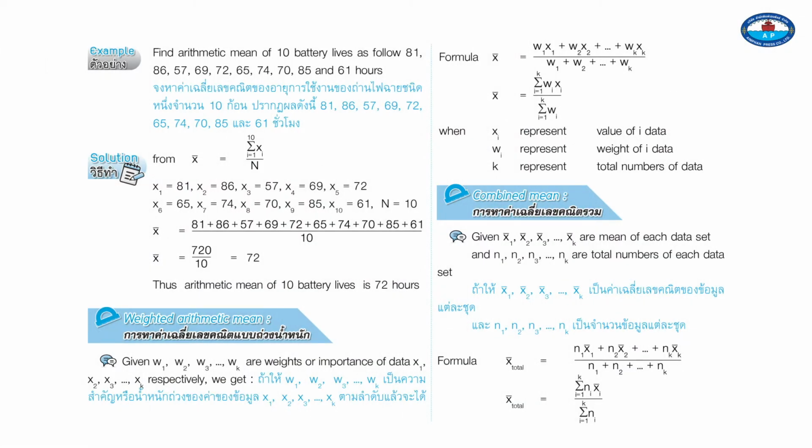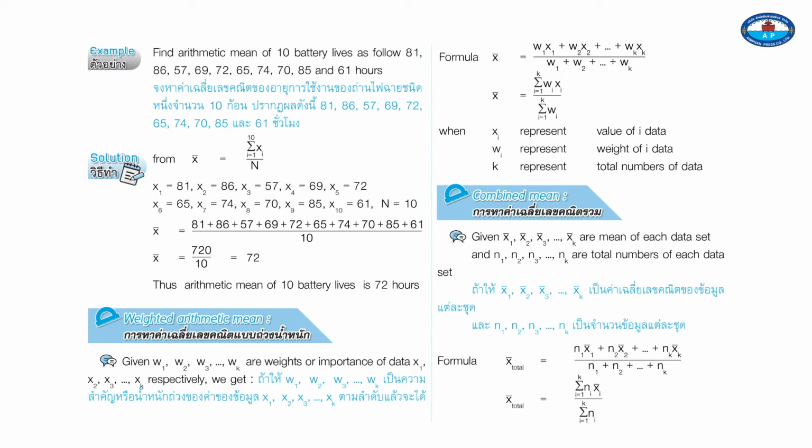Weighted arithmetic mean. Given W1, W2, W3 through Wk are weights of importance of data x1, x2, x3 through xk respectively, we get the formula: x bar equals W1 x1 plus W2 x2 plus through plus Wk xk over W1 plus W2 plus through plus Wk.